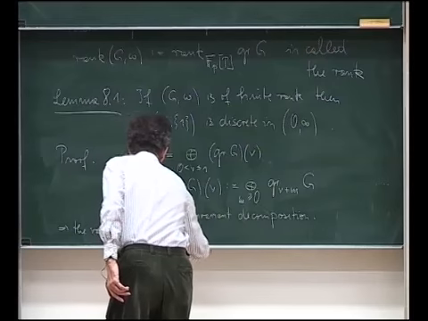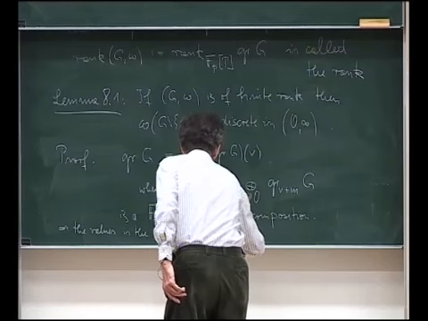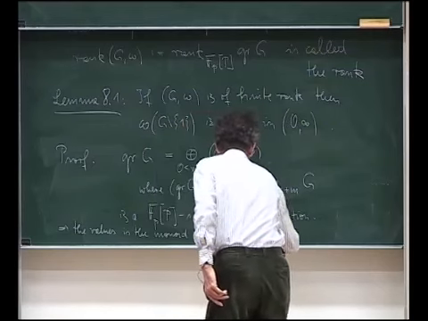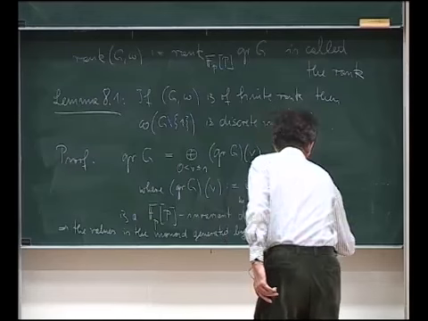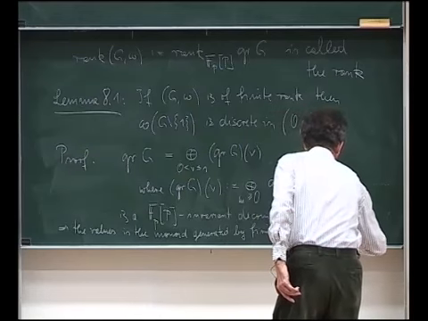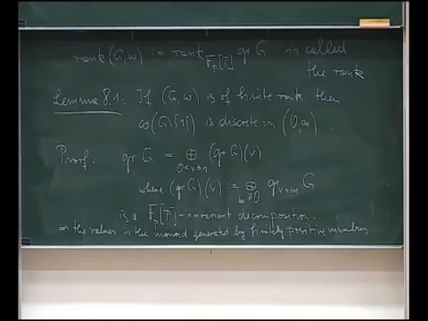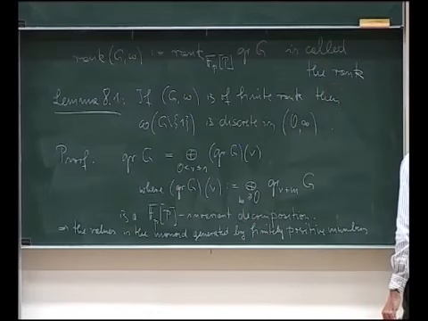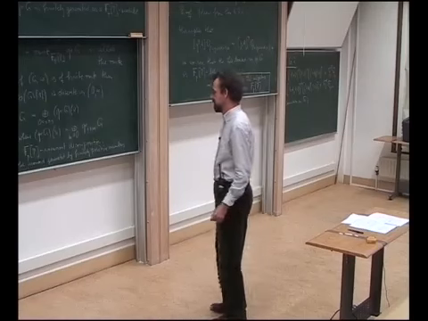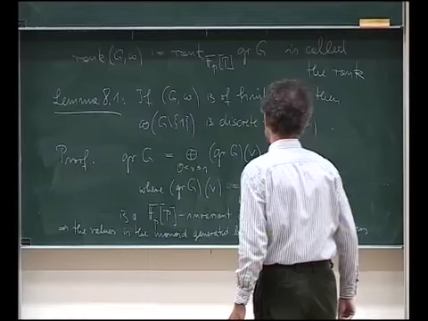So you see the values form the monoid generated by finitely many positive numbers. And that's a discrete subset.